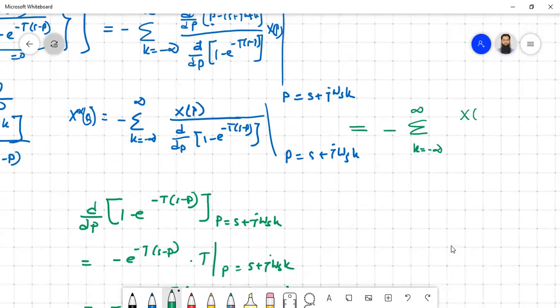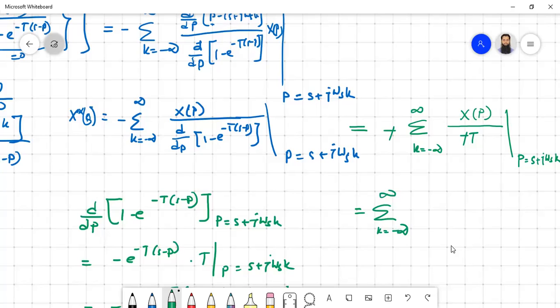Then X_p, we haven't applied p values to the X_p yet, so we just find out what is the denominator. Then e to the s plus j omega_s k. So now this minus minus will cancel out. What is left is k equal to minus infinity to infinity.